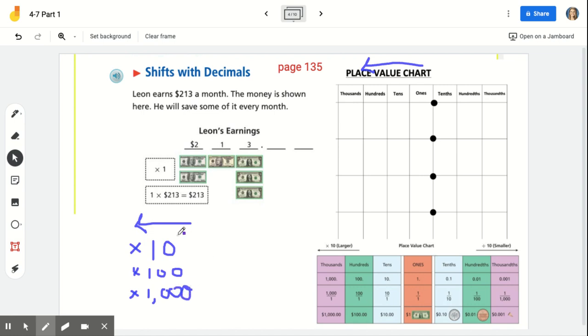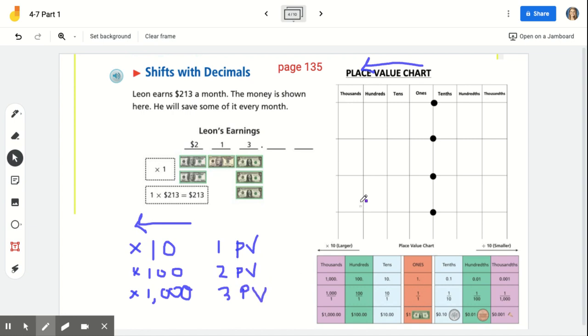How many place values do we move our digits if we're multiplying by 10? One place value. How many place values do we move our digits if we're multiplying by 100? Two place values. How many place values do we move our digits if we're multiplying by 1000? Three place values. So this is a review from previous lessons.